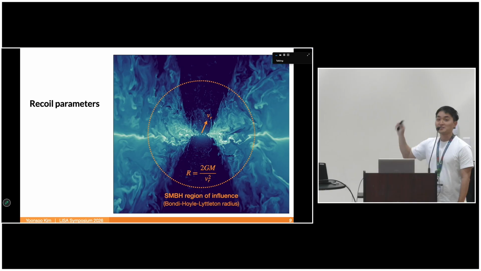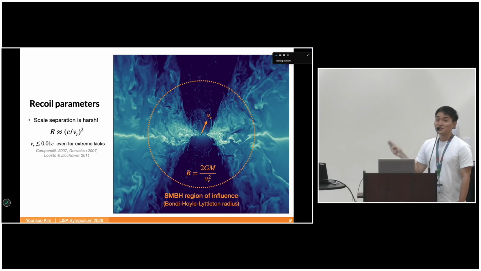This is the key length scale you probably want to resolve in your simulation box. The problem is it's really, really big compared to the horizon size. So we had to compromise. We had to arbitrarily shoot the black hole at a really fast velocity and be very cautious in interpreting results.